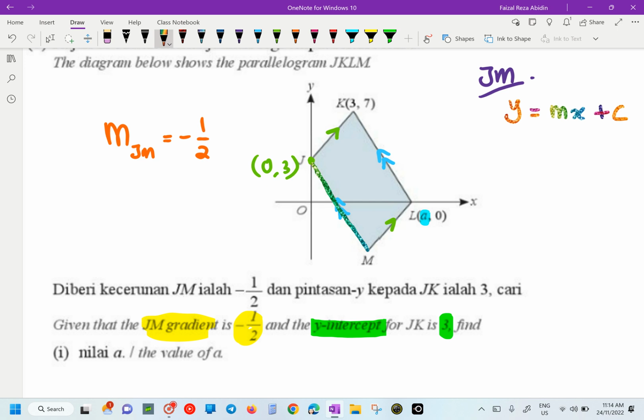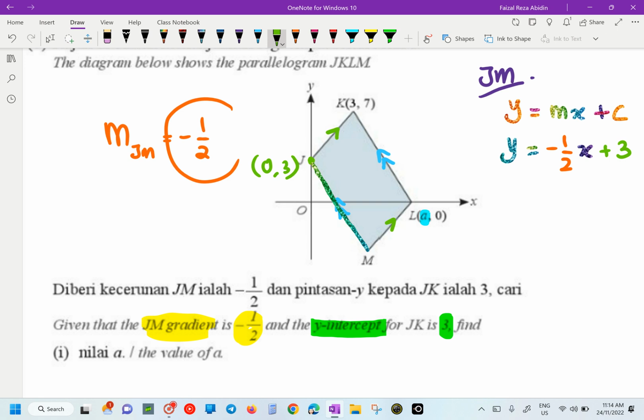So y equals the gradient, just now you have -1/2x. Then you are going to have c there is 3. How did I know 3? Then y-intercept for J there. Am I right?